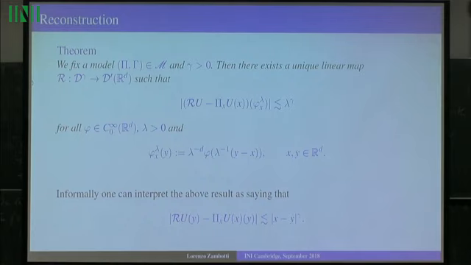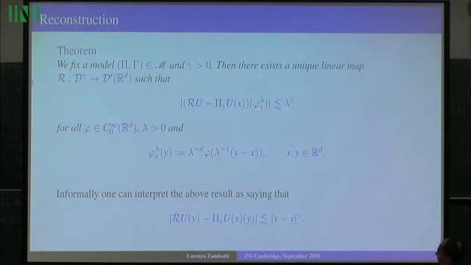Also, reconstruction. I want to put on one of my slides the more correct statement. For any model and gamma positive, there exists a unique linear map from these model distributions to distributions, such that, okay, this was the formula that Felix explained with this rescaled function.